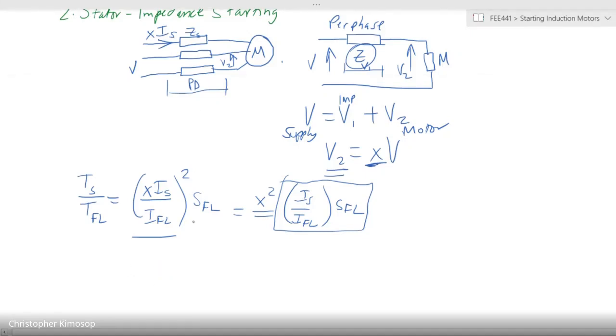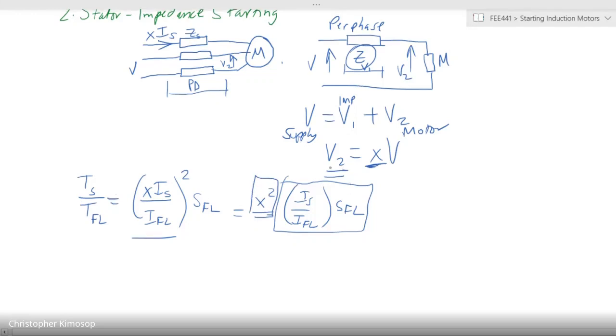Actually, this one was correct. So we have the ratio TS over TFL being changed by the square of the ratio of voltage that is seen by the motor and voltage that is supplied into the motor, all right? So this means that the starting torque TS is equal to X squared times TFL. So it is a very small starting torque compared to the full load torque.